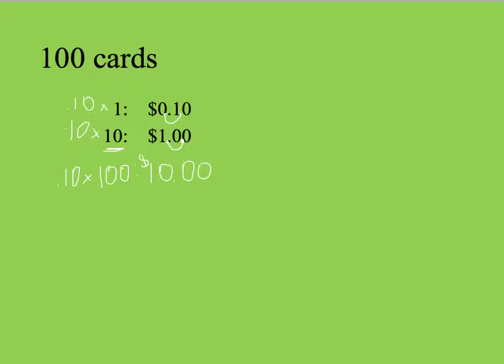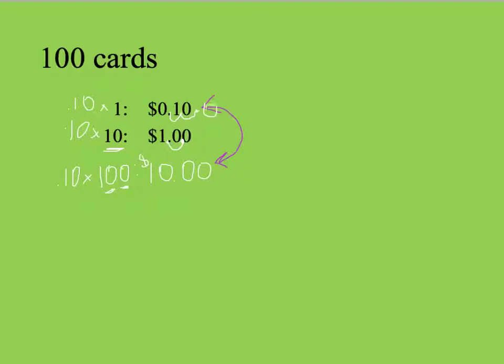I also want to take a look at moving from the 1 card to the 100 cards, say if this problem didn't ask us to find how much he would earn if he sold 10 cards. Going from 1 card, which was worth 10 cents, to 100 cards, which was worth $10, if I look at the zeros in the 100, I can see that I have 2, so I'm going to move my decimal point over 2 decimal places.